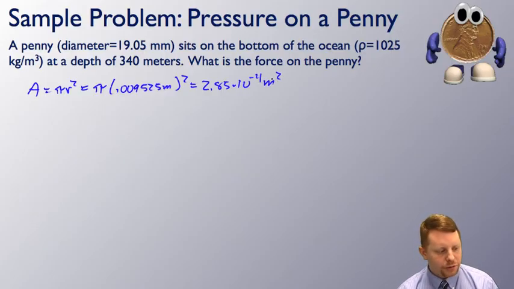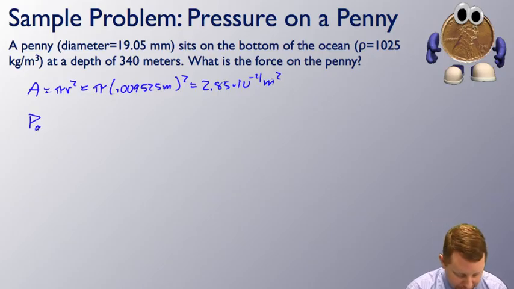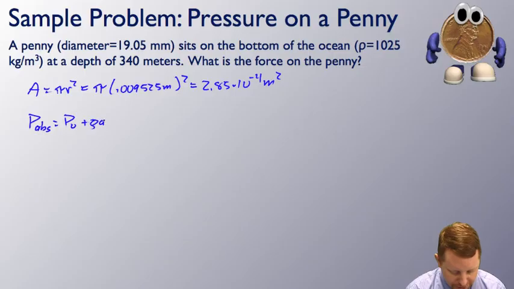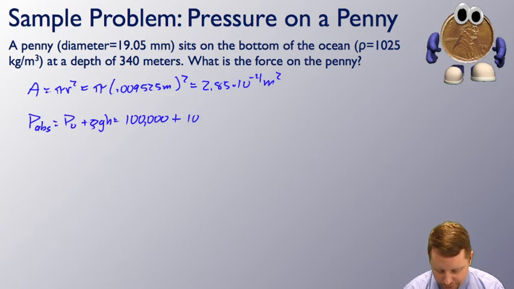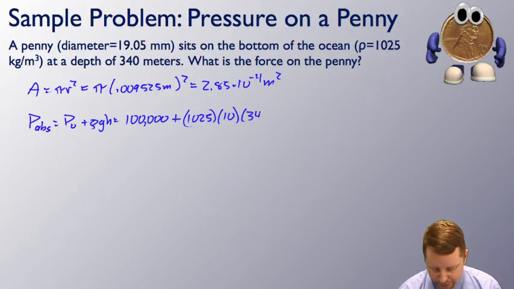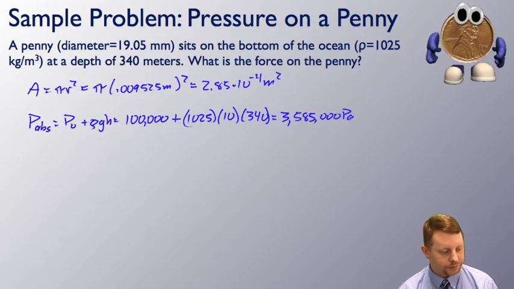The absolute pressure, then, is going to be P0 plus rho g h, which is about 100,000 pascals, atmospheric pressure, plus rho 1025, g 10 meters per second squared, times the depth 340 meters, or about 3,585,000 pascals.